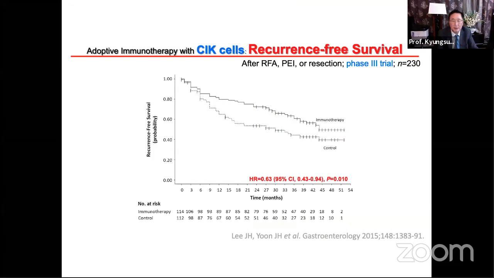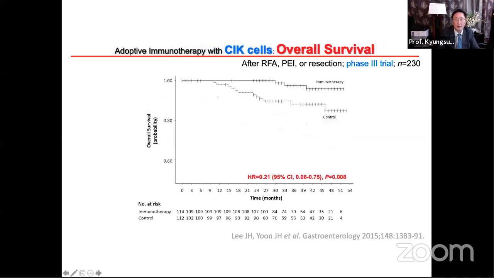We need some advanced treatment to reduce recurrence. Lee et al. published the outcome of immunotherapy with cytokine-induced killer cells in Gastroenterology 2015, showing a significant recurrence-lowering effect of CIK cells. Also, survival increased in the CIK group.